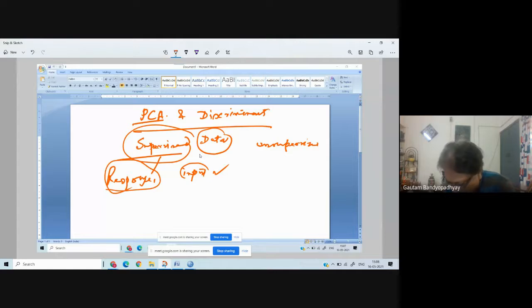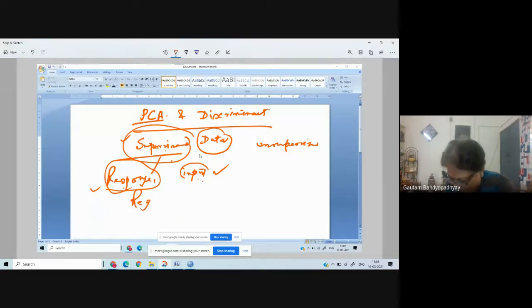So that is what is supervised. Regression is supervised data, which you already solved.